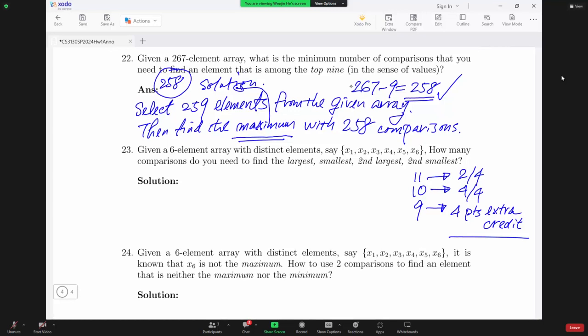Here I use the first pair x1, x2, the second pair x3, x4, the third pair x5, x6. Each pair we do 1 comparison: 1, 2, 3. We assume the upper one is greater than the lower one, without loss of generality.